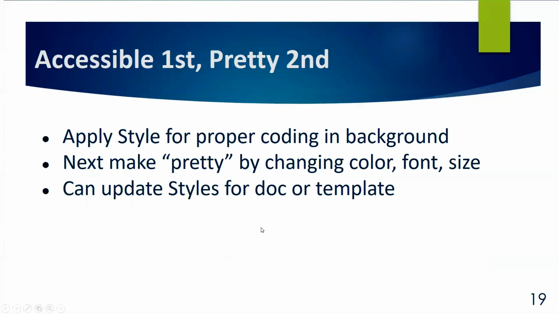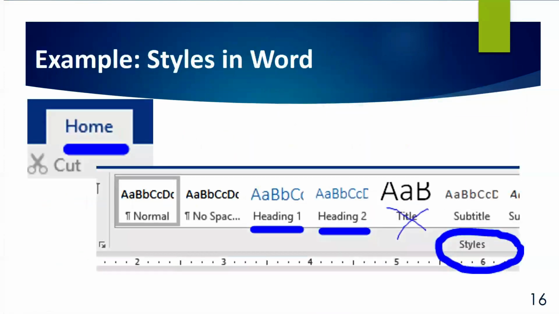And one more point. An old friend of mine named Tom Gibbons put it this way: make things accessible first and pretty second. So when you apply that heading, let me go back really quick. Let's say we click on heading 1, and it makes this blue heading in a certain size font, and you don't want it to be blue. I certainly do not, for accessibility reasons, among others.